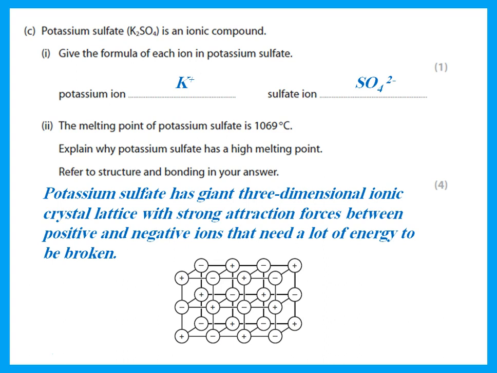Remember, we explained melting points high or low by the kind of attraction forces that we need to break up. So if we're talking about an ionic compound, it has high melting point. Why? Strong attraction forces between positive and negative ions. Or we could say oppositely charged ions that need a lot of energy to be broken.